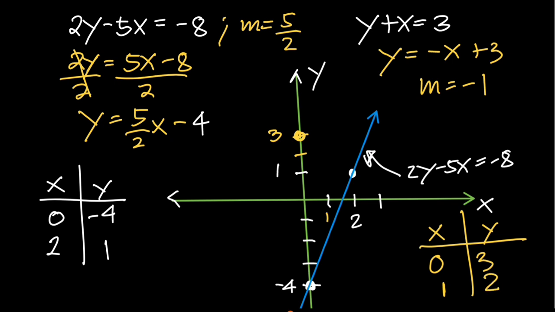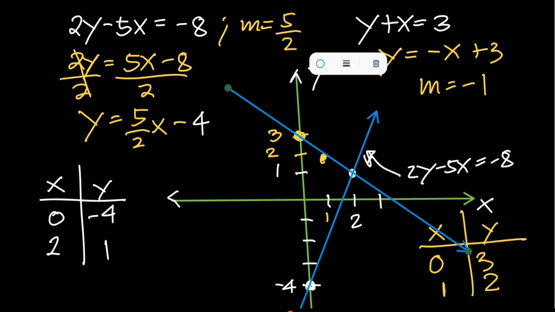So the graph would look like this for the second line. So this one is the graph of y plus x equals 3.